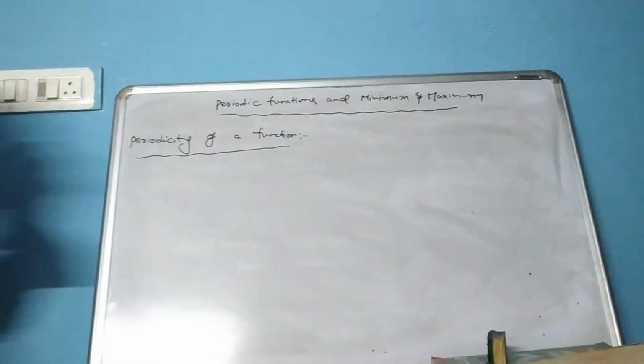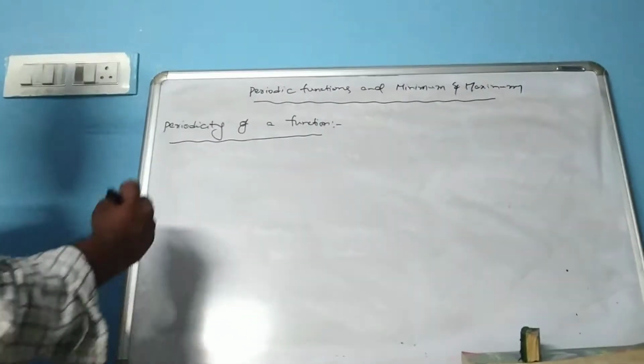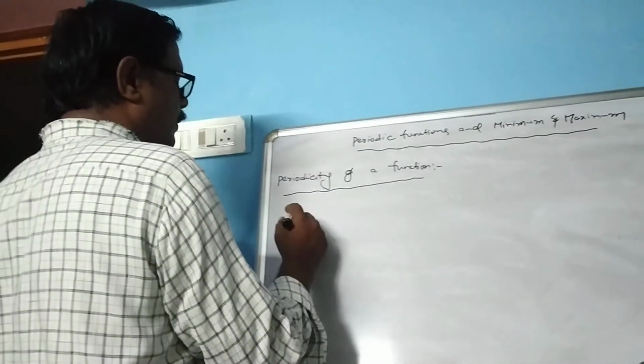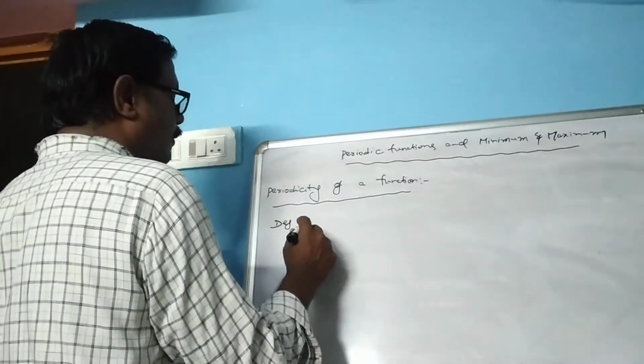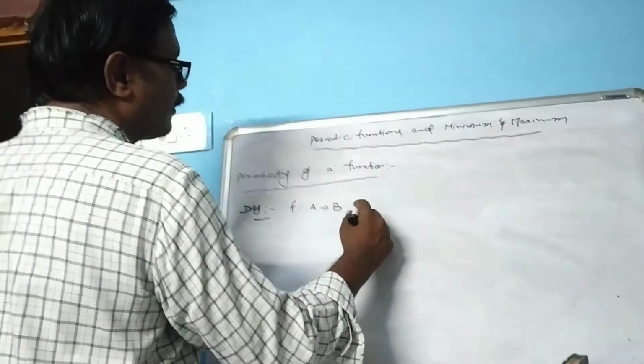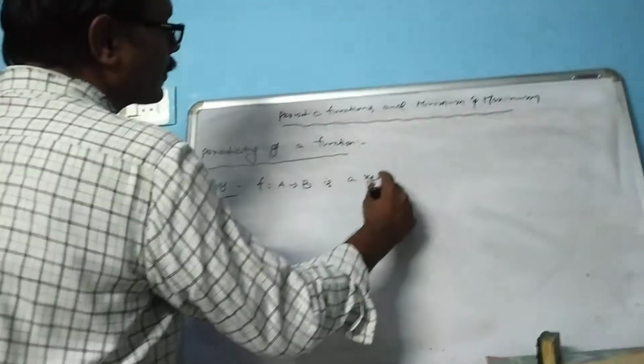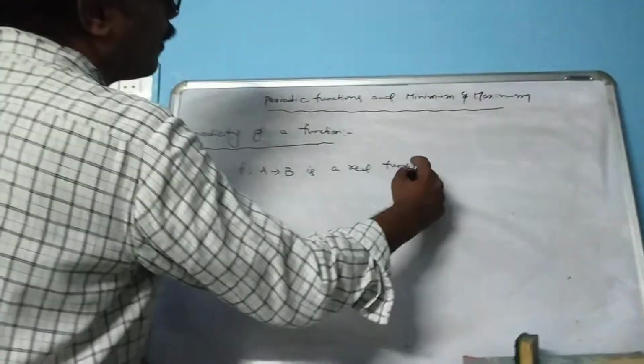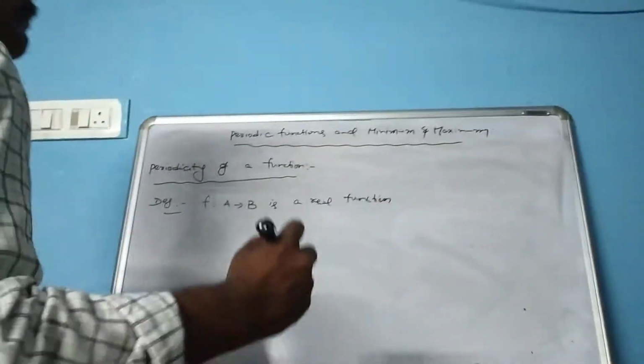Periodicity of a function, definition. Let f be a mapping from A to B, a real function and a periodic function.